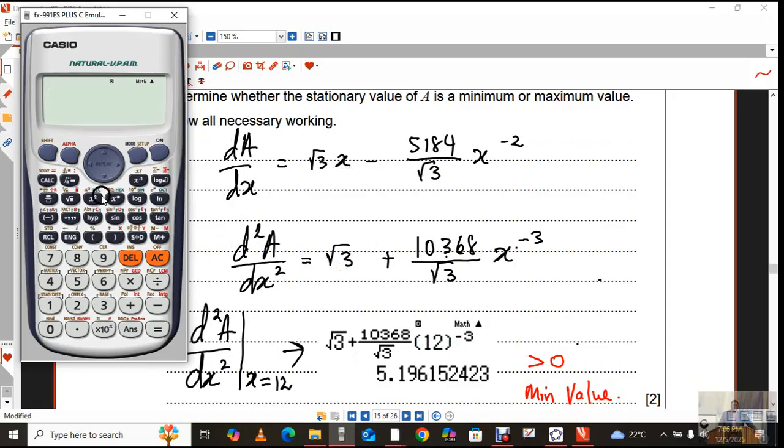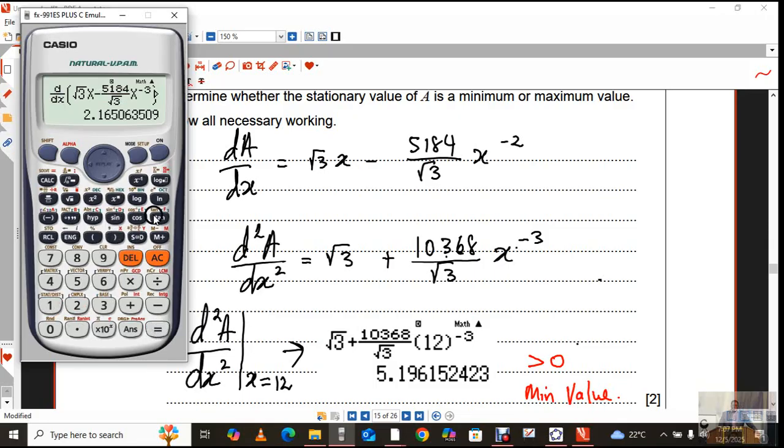The moment I derive this function, which is like root 3 x minus, bring a fraction in, 5184 over root 3 x raised to the -3. Then x should be 12.